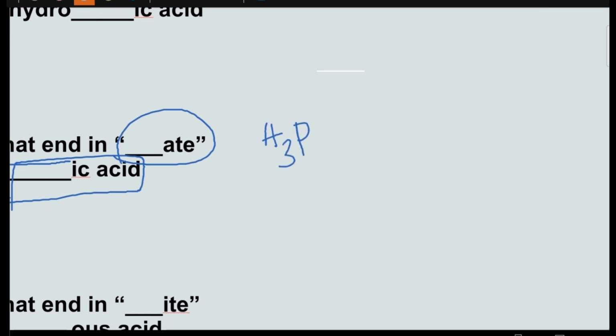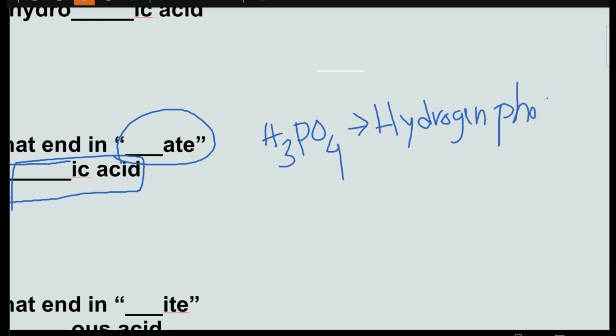H3PO4. If we had to name this compound following the usual rules, then we would write the name of the compound as hydrogen phosphate. However, if we have to name it as an acid, then we have to follow the rule mentioned here. The last 3 letters in this case are in phosphate.